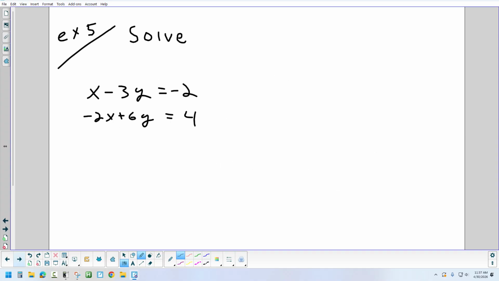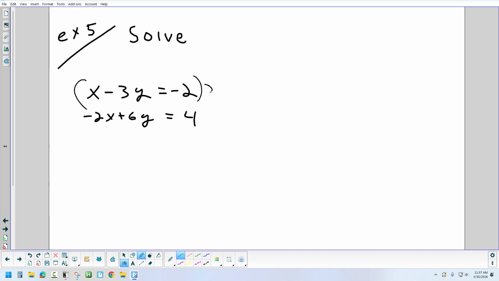More of those. So again, solve. We'll do elimination. What letter do we want to try to make opposite this time? I'd go with x. Okay, let's make the x opposite. And how would you do that? I multiply the top equation by 2.